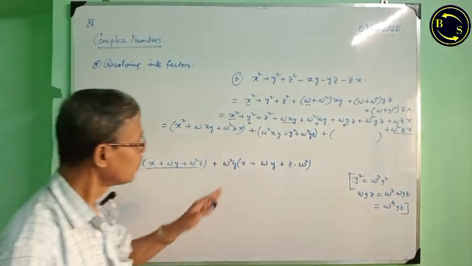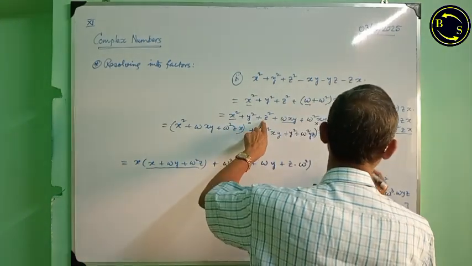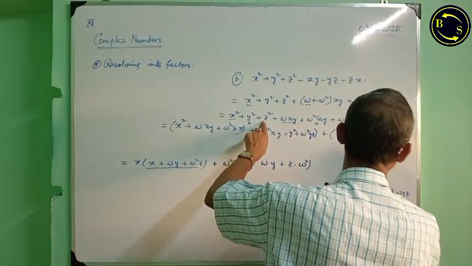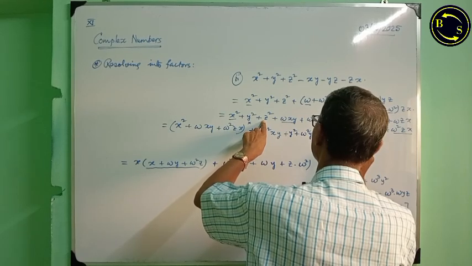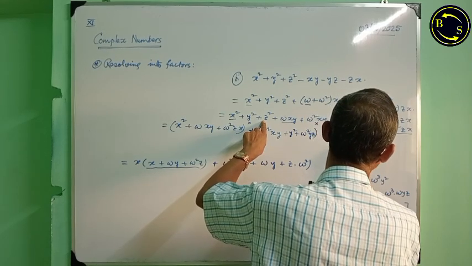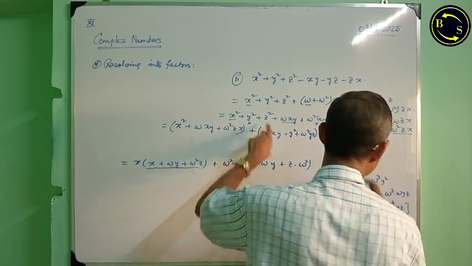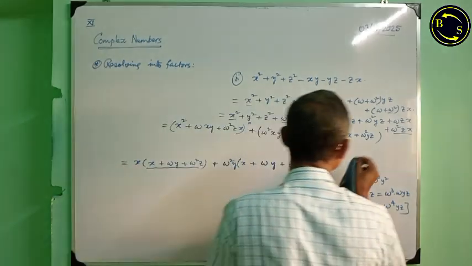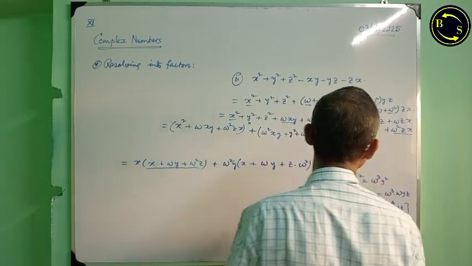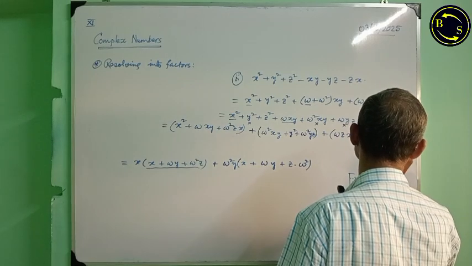Follow that. Therefore, the remaining terms are to be taken. First of all, omega zx, then omega square yz plus z square.